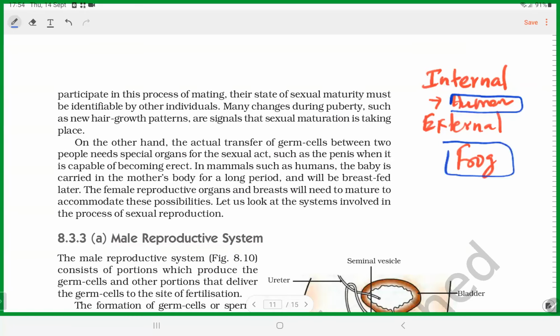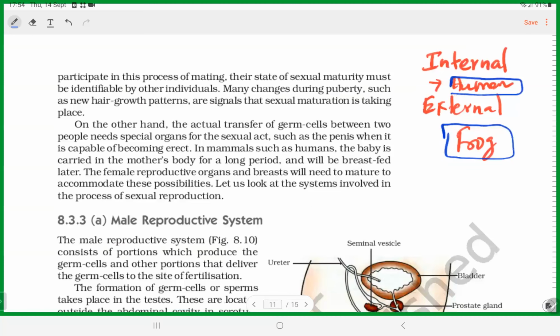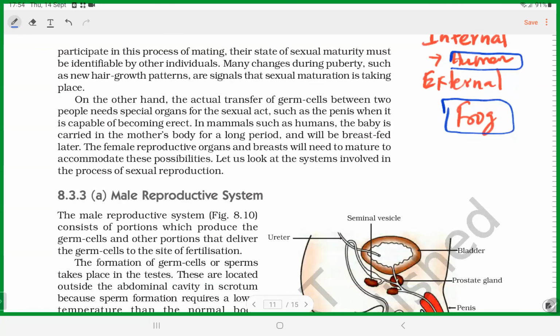And the development also, in humans it is internal, in the mother's body. For a long period we stay in the mother's body, like in mammals. But in frogs and others, it is outside the body. Internal fertilization, internal development; external fertilization, external development. Can you understand? Yes, sir.